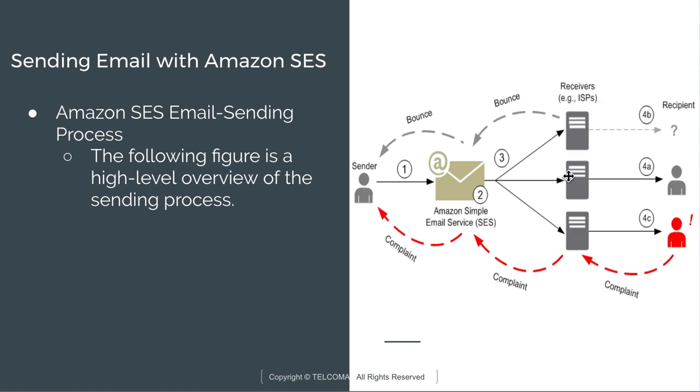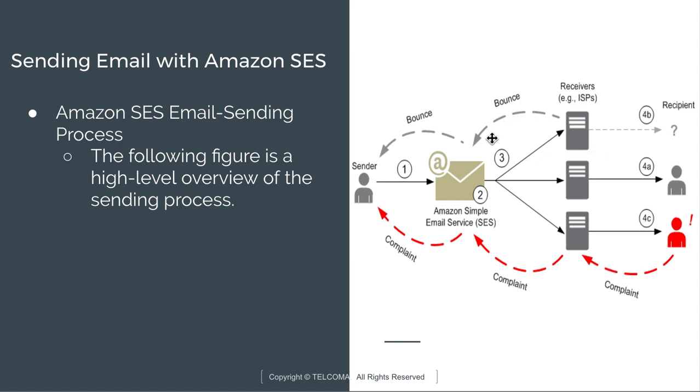These are receivers like internet service providers. It shows us a high-level overview of the sending process. The sender is sending an email through Amazon SES. The email is forwarded to various ISPs, and the ISP will forward the email to various users or recipients.